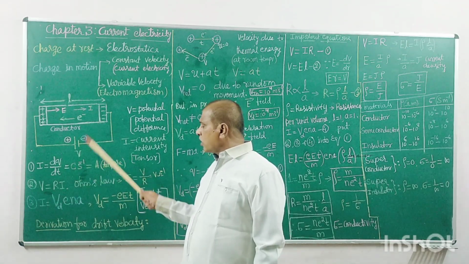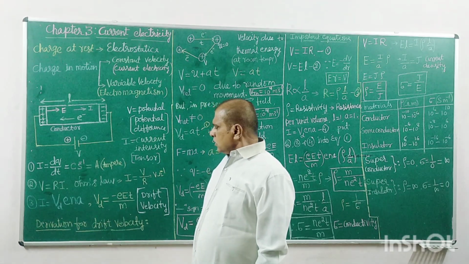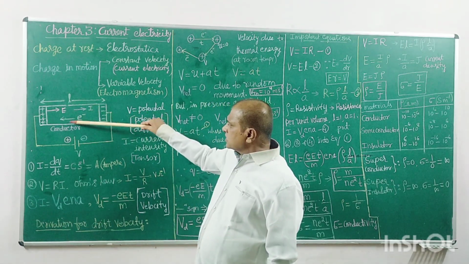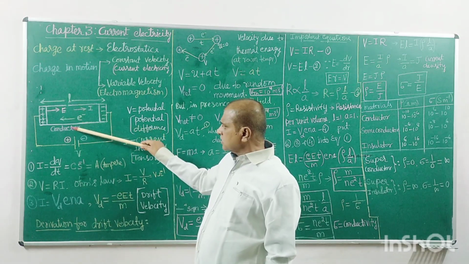And A stands for the area of cross section of the conductor.